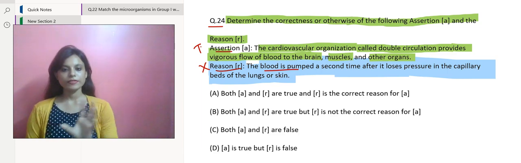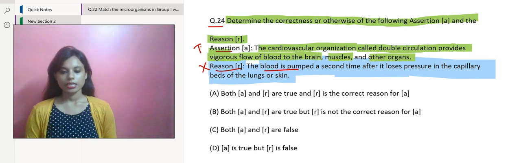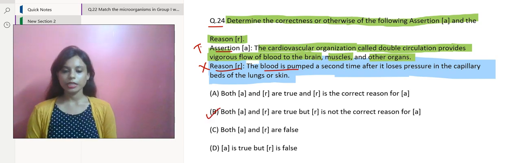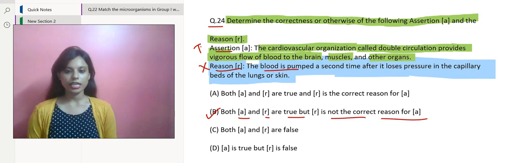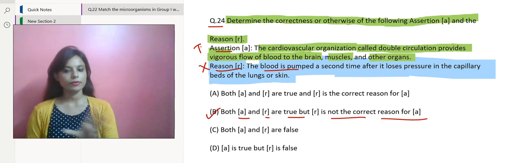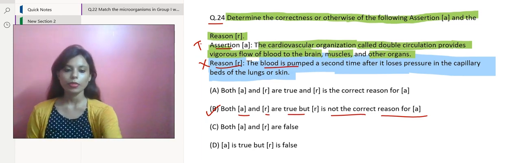So let us go with option B. Both A and R, that is assertion and reason, are true, but the reason is not the correct reason for the assertion. That is what option B is saying, and hence we are going with option B.